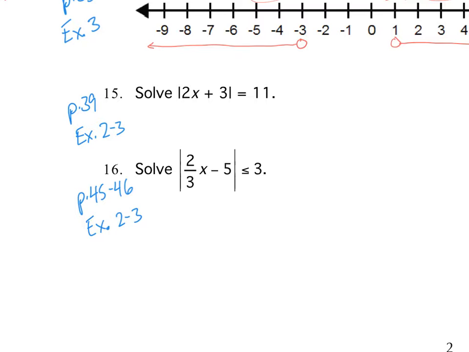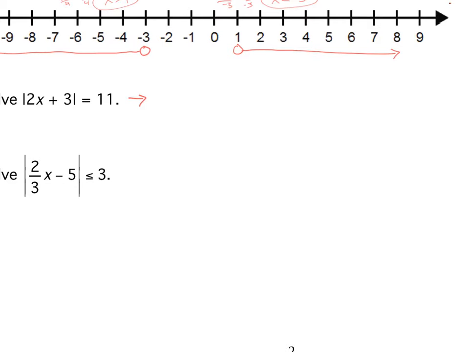The last two problems involve the absolute value sign in an equation or in an inequality. If it's in an equation, like on number 15, what you need to do is take this absolute value equation and rewrite it as two separate equations. Both of those equations are going to get what's inside the absolute value.